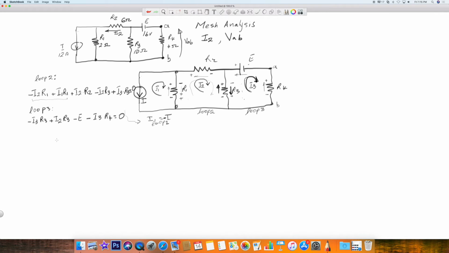Fantastic. Now we can group everything, and we can see we have two equations with two unknowns, I2 and I3. Let me regroup them over here, since I'm trying to use this paper as efficiently as I can. So loop 2 again.